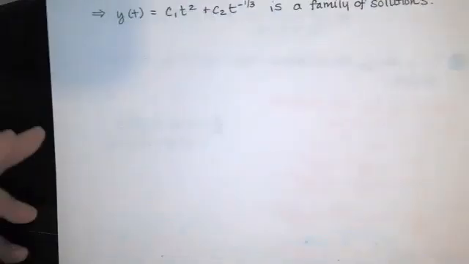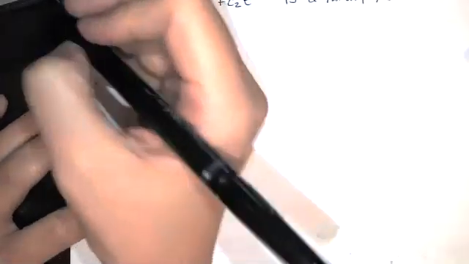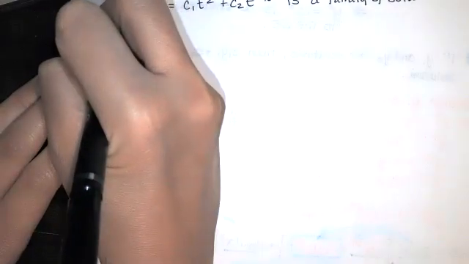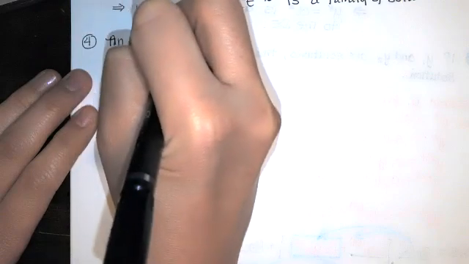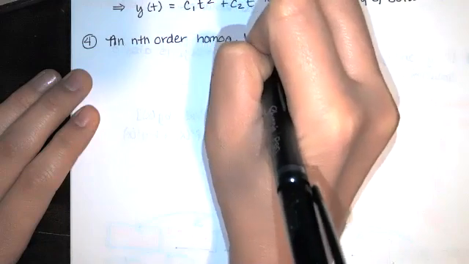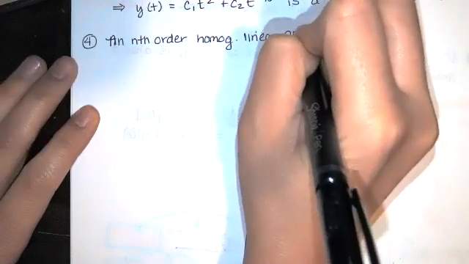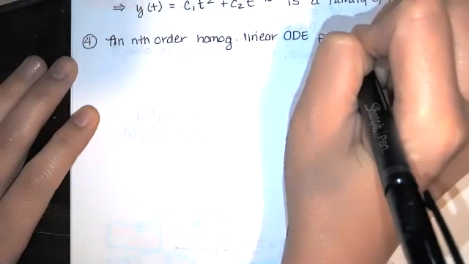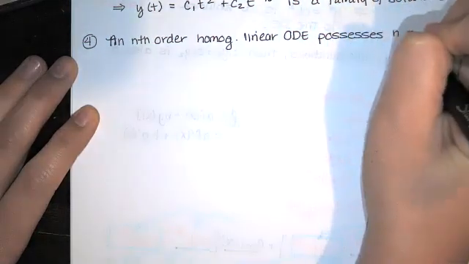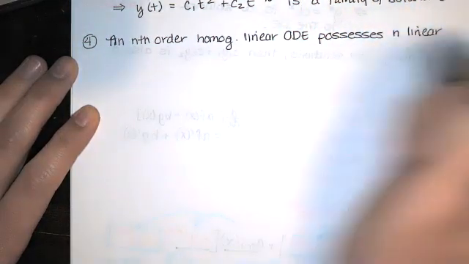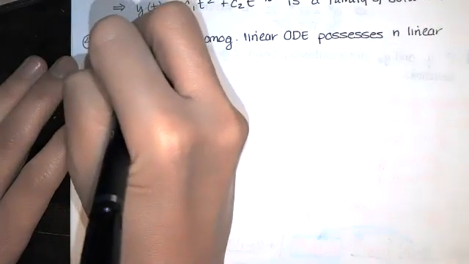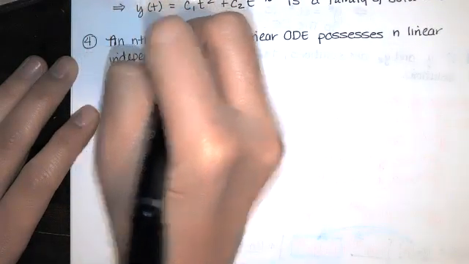And then this next fact is one I will state without proof. We'll say an nth order homogeneous linear ODE possesses n linearly independent solutions.